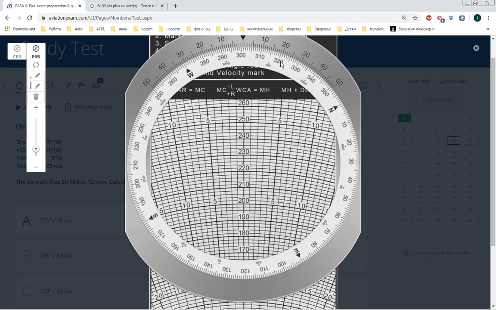Let's imagine we are flying in this way: we are flying with this heading, but we are actually moving along this track. So the wind is blowing from here.